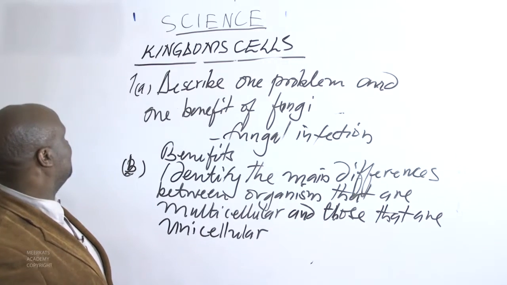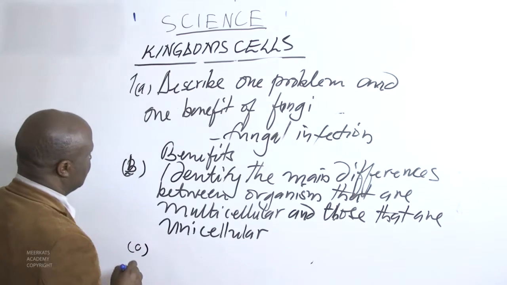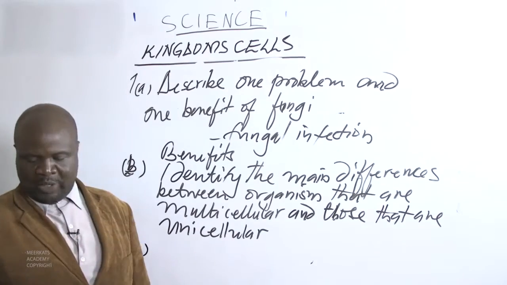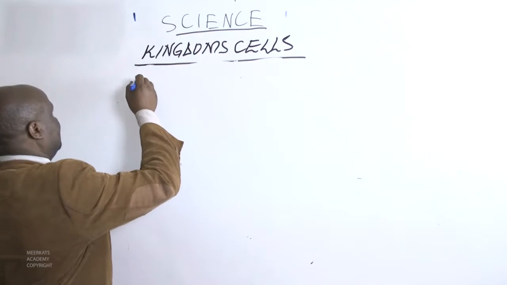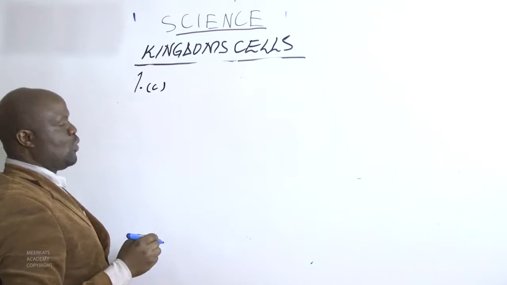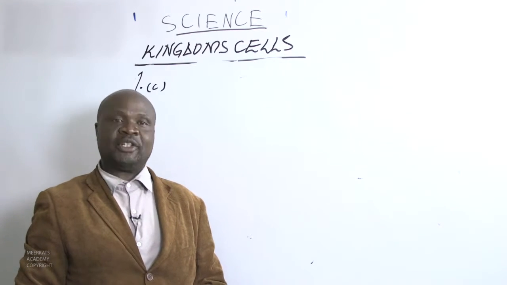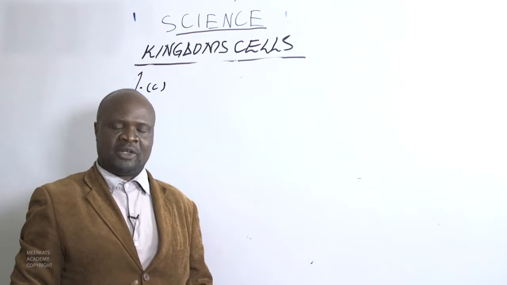Let us go to question 1C, and it will be the last question so that we continue. Question 1C. List. It is a question that requires you to remember, to recall.